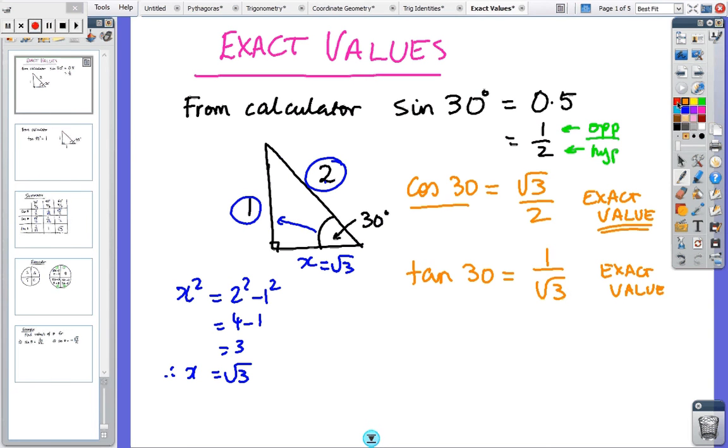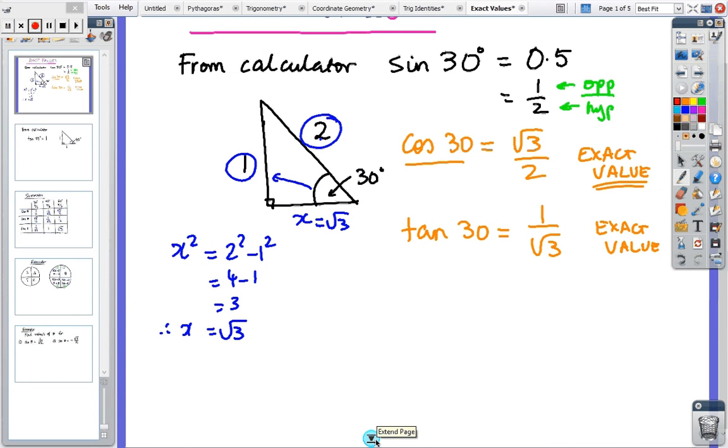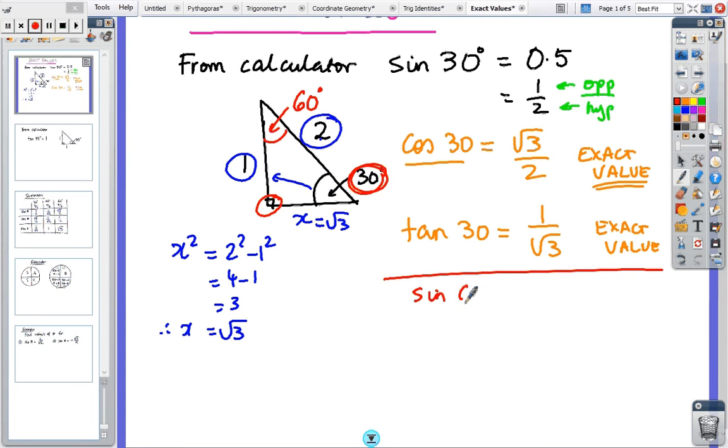Now, while we've got this same triangle, before we lose it, if that's 30 degrees there, then that must be 60 degrees up there, because the other angle down here is 90. So if one angle's 30, the other one must be 60. Using the same triangle, you can get sine 60, cos 60 and tan 60 just by changing the position of your opposite and adjacent.